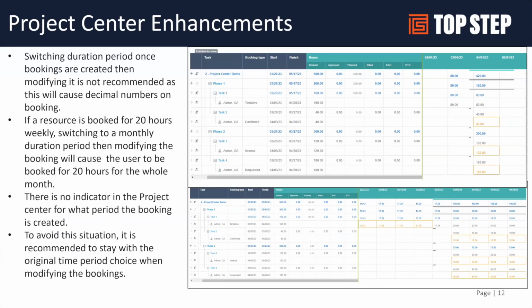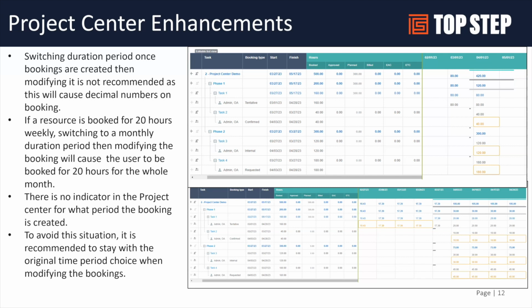A couple of gotchas we ran into in our testing, which is not unexpected, but we wanted to highlight them. If you put in a resource for 20 hours a week in the Project Center, and then flip it to a monthly view, it's going to take those 20 hours and convert them to monthly. So instead of 20 hours a week, you're going to get 20 hours over the month, which is going to give you a lot of decimals because it's spreading those 20 over.